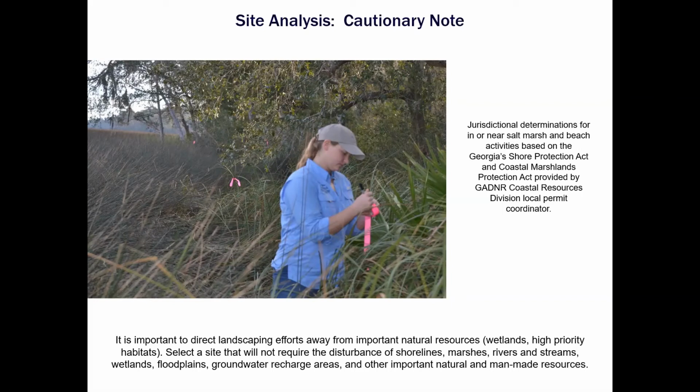These particular habitats, if in any way you think you might even be having an impact with them, you would want to contact the Georgia DNR Coastal Resources Division and the local permit coordinator just to share with them, to tell them what you're planning to do, to see if for any reason you would have to have someone look at what you're doing and see if you need a permit.